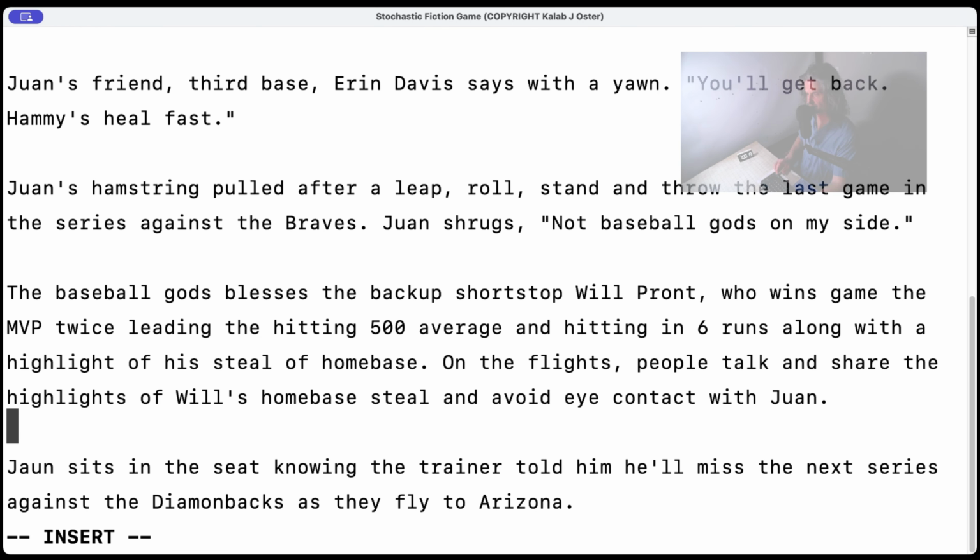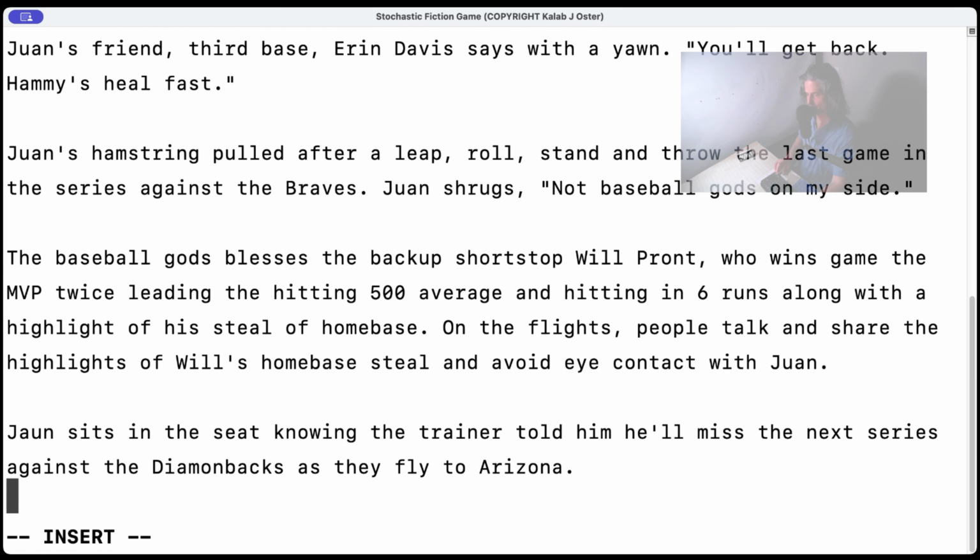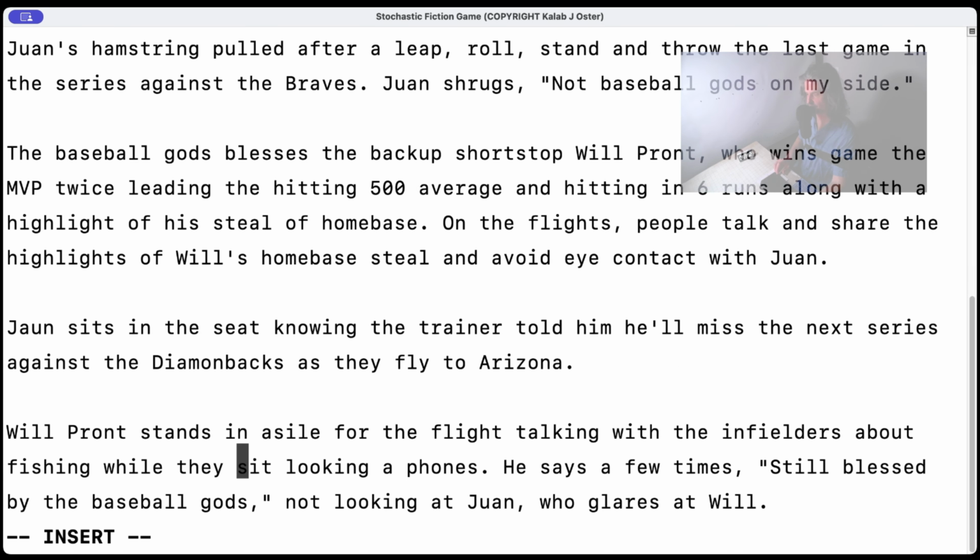The baseball gods bless the backup shortstop Will Prompt, who wins game MVP twice, leading the hitting with a .500 average and hitting in 6 runs, along with a highlight of his steal of home base. On the flight back, people talk and share the highlight of Will's home base steal and avoid contact with Juan. Juan sits in the seat knowing the trainer told him he'll miss the next series with the Diamondbacks as they fly to Arizona. Will Prompt stands in the aisle for the flight, talking to the infielders about fishing while they look at phones.